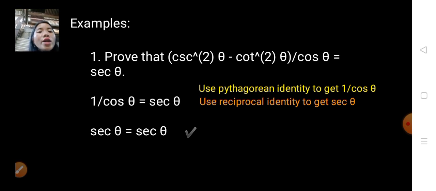So 1 over cos theta is equal to sec theta, by the reciprocal identity. So it is proven that cosecant squared theta minus cotangent squared theta over cos theta is equal to secant theta.